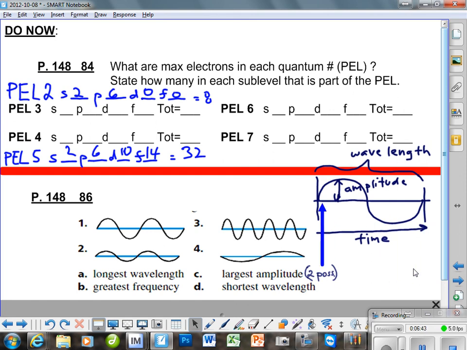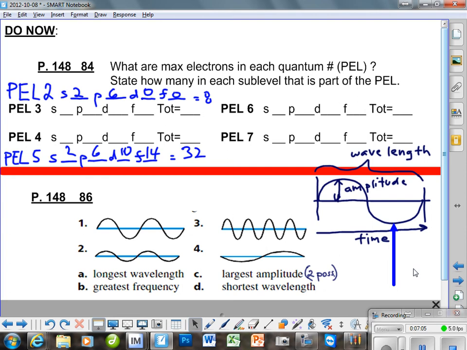Notice that it starts at the origin, which is this line, and then it goes up above. That's the positive amplitude. This is amplitude, the distance between the origin and the top of the wave, or the origin and the bottom of the wave.